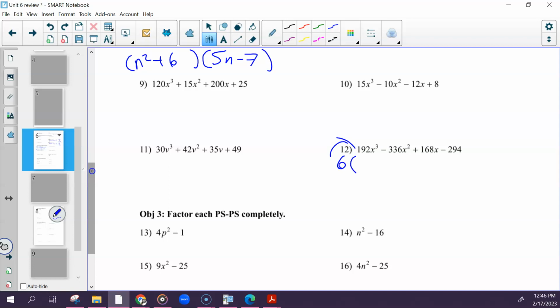So if we divide each thing by 6, what's left? 32x cubed minus 56x squared plus 28x minus 49.